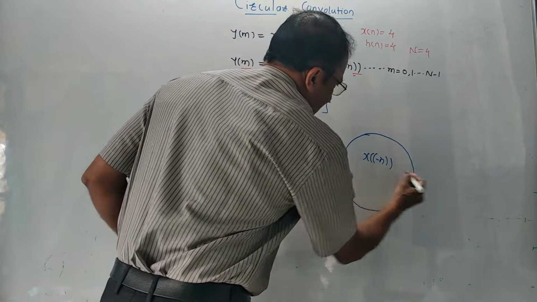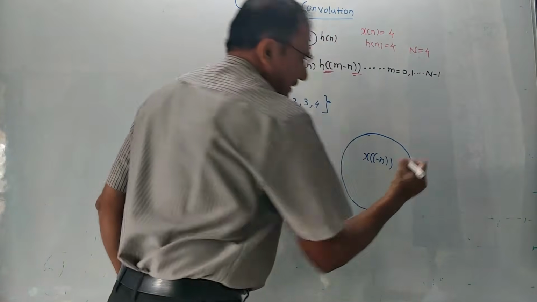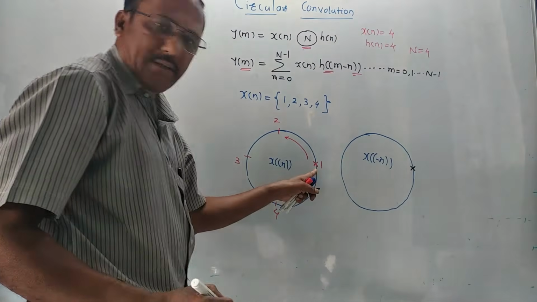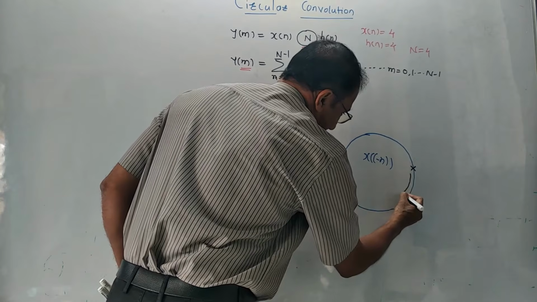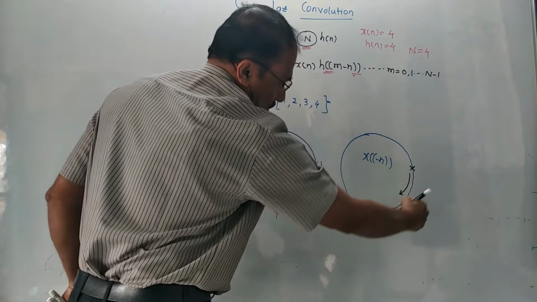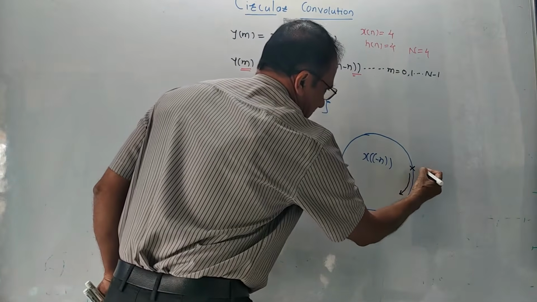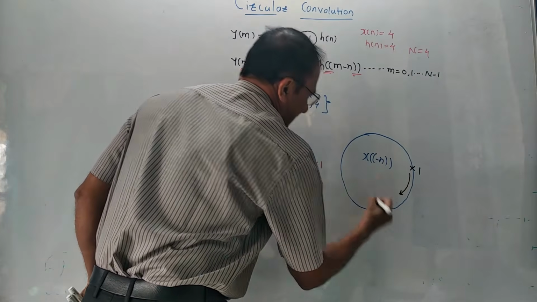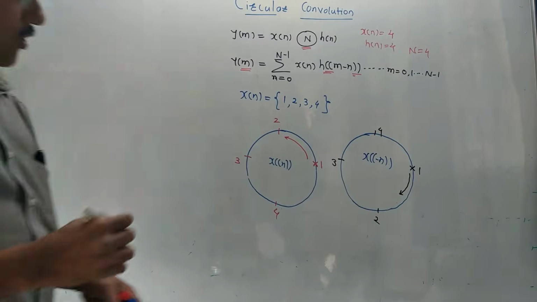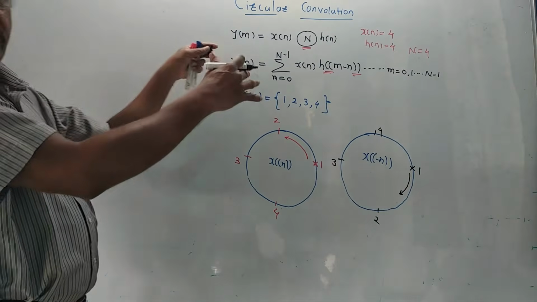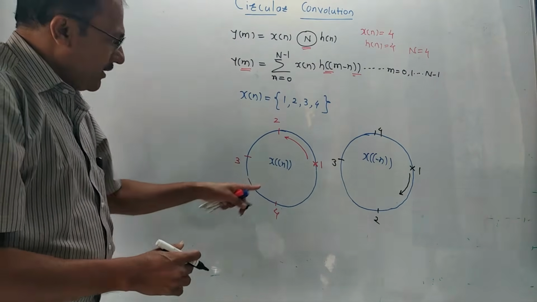If it is a folded sequence, as a convention, this same point, which is similar to the previous case, is a starting point. But in this case, mark samples in clockwise direction. Clockwise means like this. So this is the starting point. I will mark the samples like this: 1, 2, 3, 4.